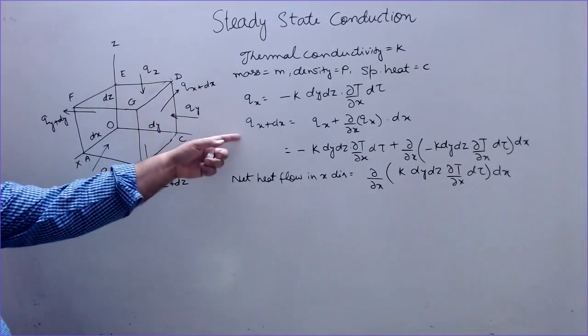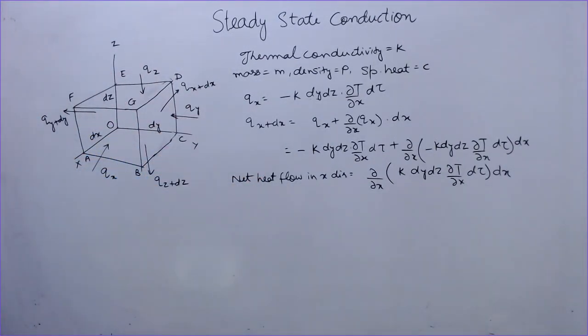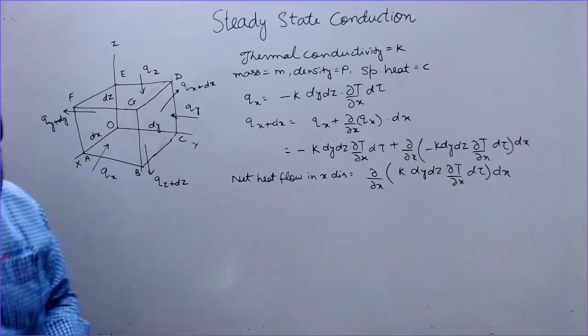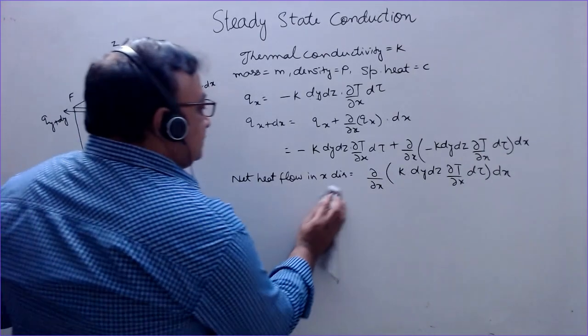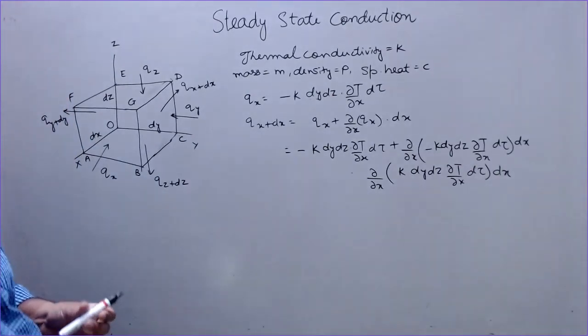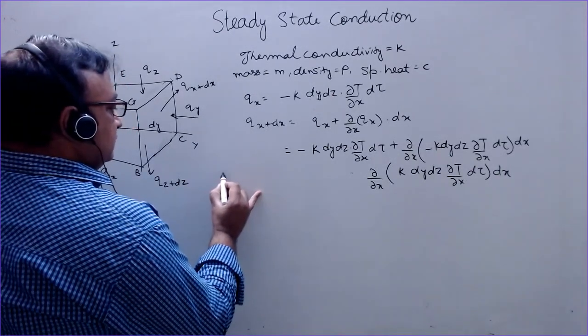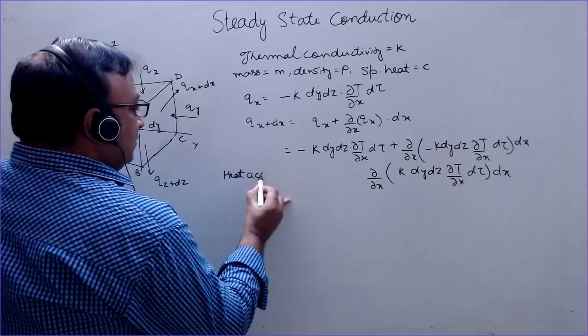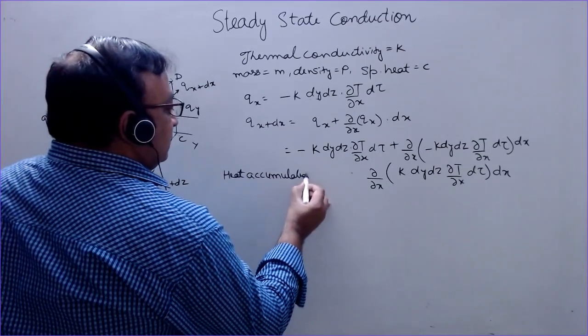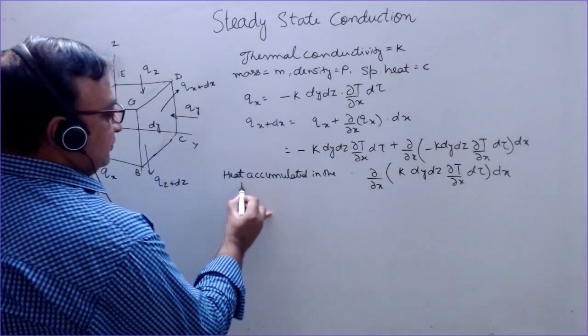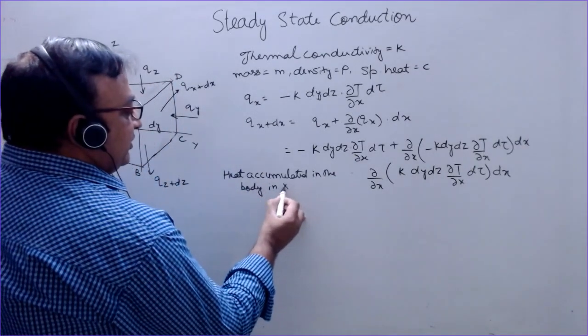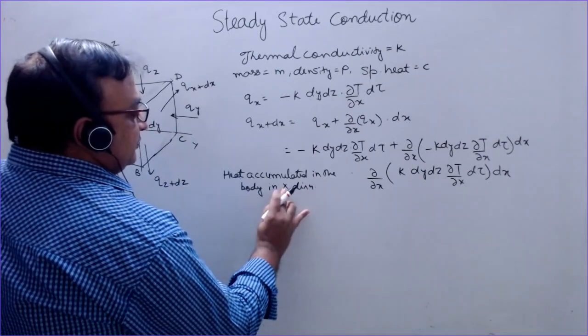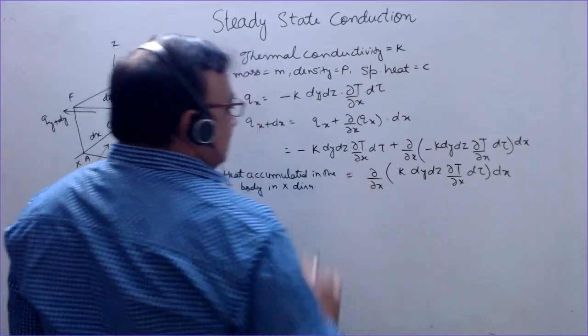So this minus this is equal to the net heat flowing in the x direction, heat coming in minus heat going out. You can also write that this is the heat which is retained by the body, net heat, or I can write this as heat accumulated in the body in x direction, equal to this.